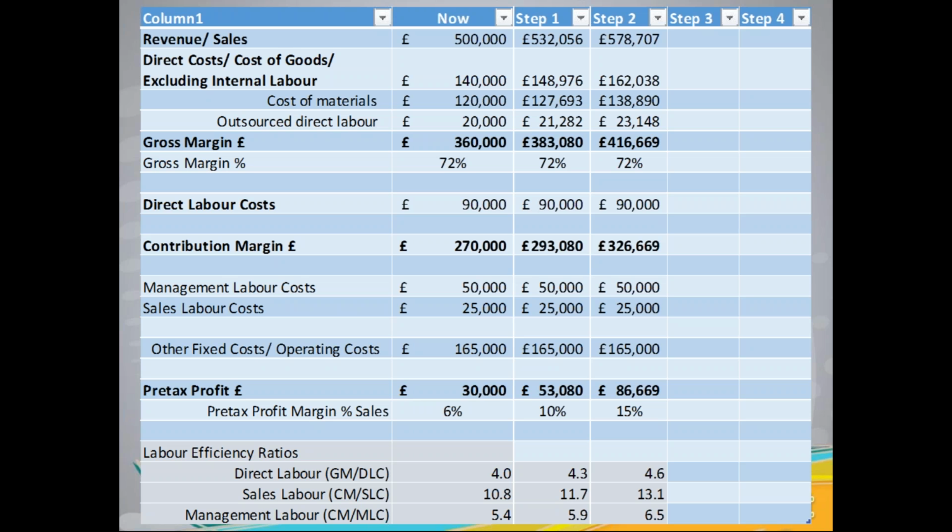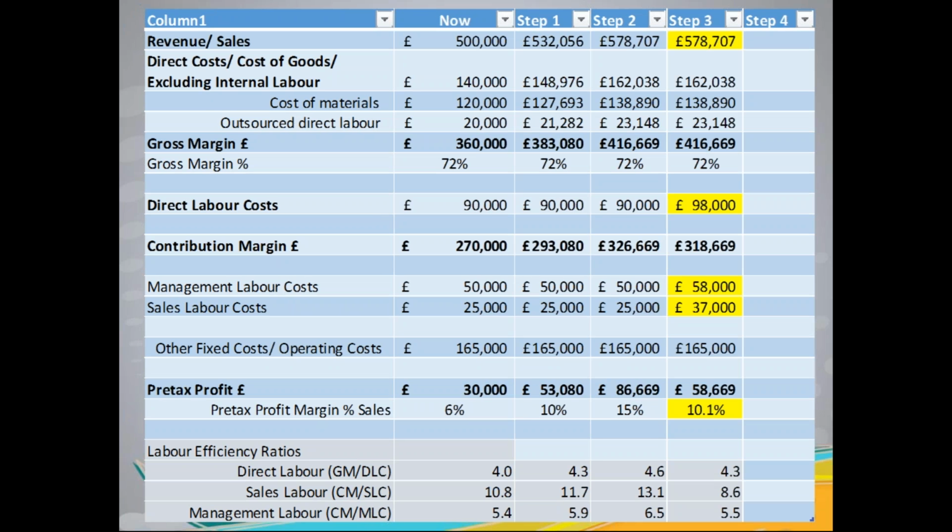But the thing here now is we can start to think about either taking on more people or possibly rewarding people with bonus structures or whatever else. We can spend a bit more money now on our labour at that point. But we only do that to the point that it takes us back to 10%.